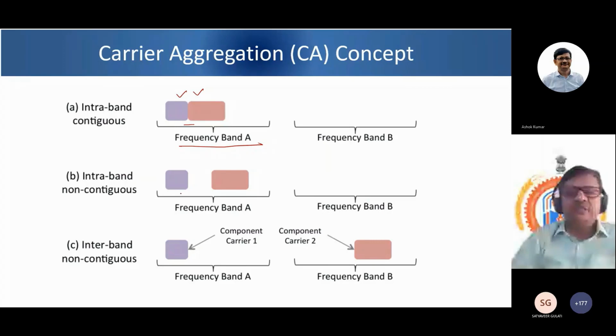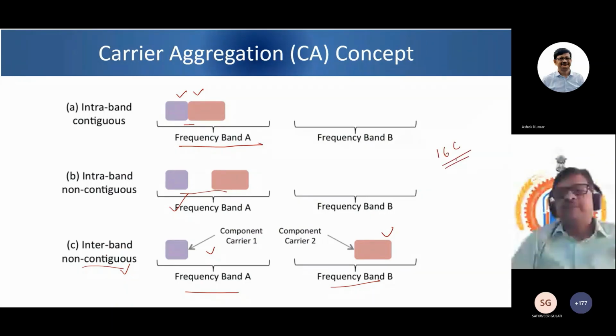If they are not contiguous, then also it can be carrier aggregated. And if I have two different bands, inter-band, with one component carrier here and another here, this can also be aggregated. In fact, you can aggregate up to 16 carriers. Theoretically; practically, they have gone up to 5 as of now, not beyond that.